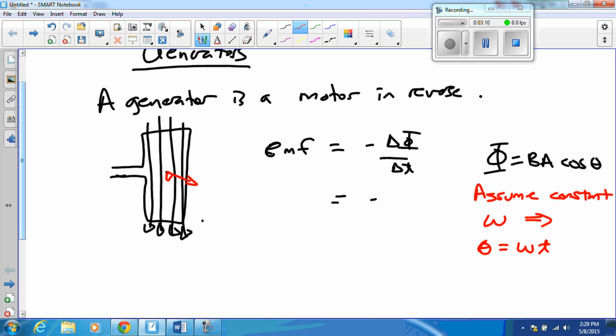If I have a constant rotational speed like this, then my area vector, which is pointing out of this thing, is going to be rotating around, and it's going to have an angle that is omega times time. Maybe plus a constant depending upon where I start, but if I just make the starting point 0, then I can substitute right here and say that flux is equal to B times A times the cosine of omega t as we are rotating around.